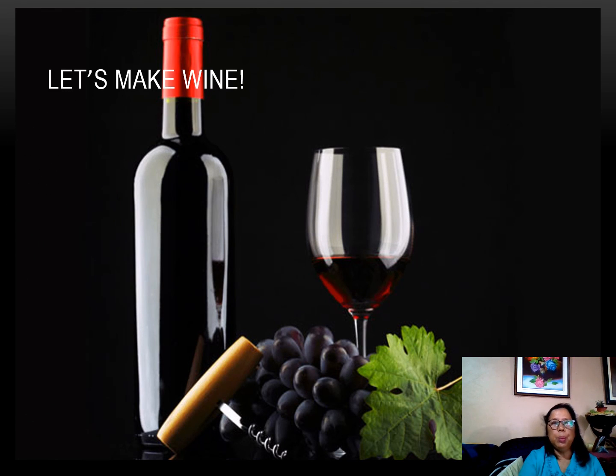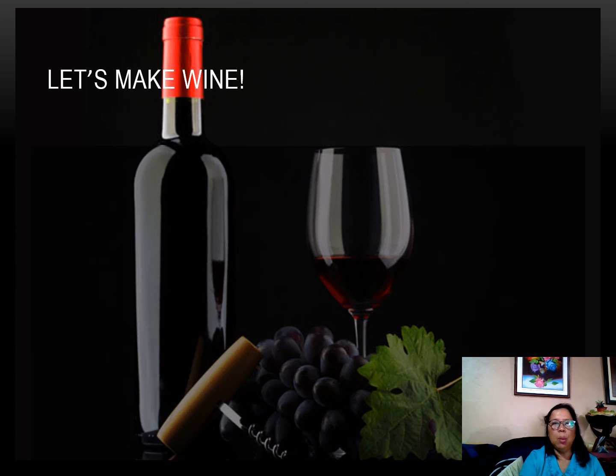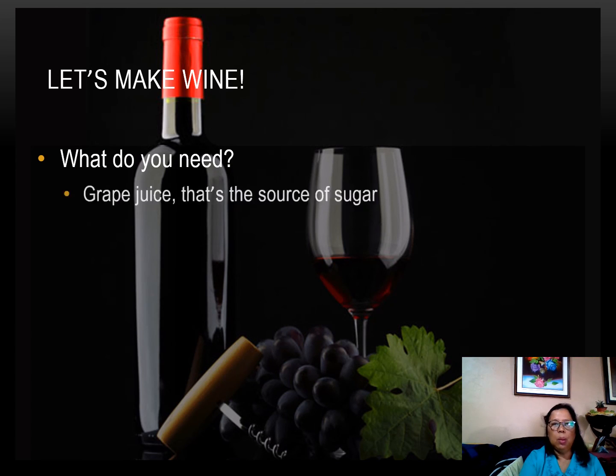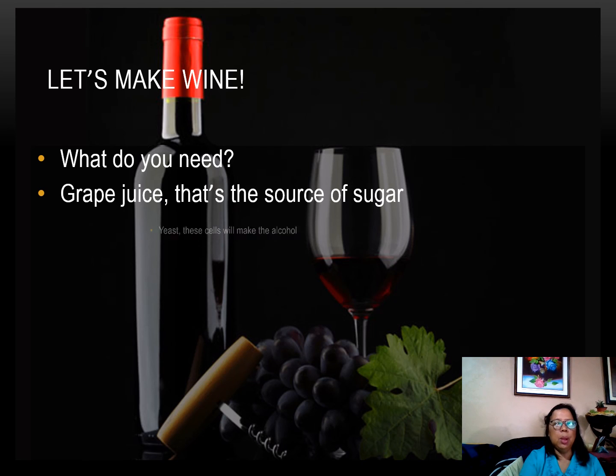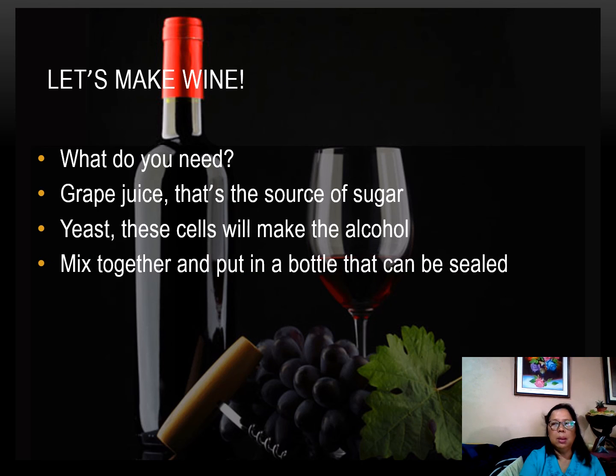So here is a simple procedure in making wine. You need any source of sugar or carbohydrates, and yeast as the source of your microorganism that will ferment the carbohydrates.